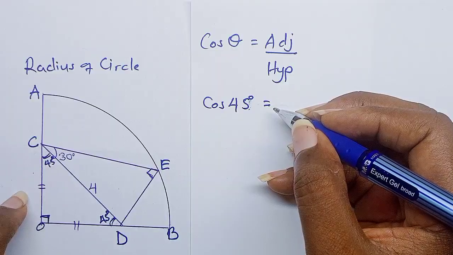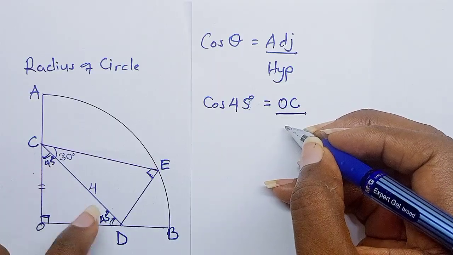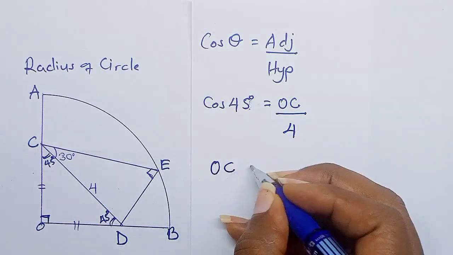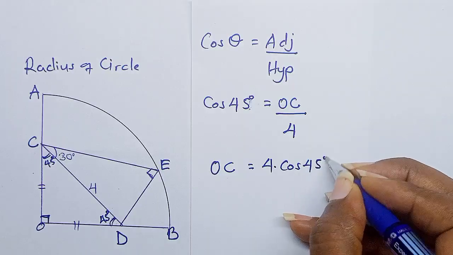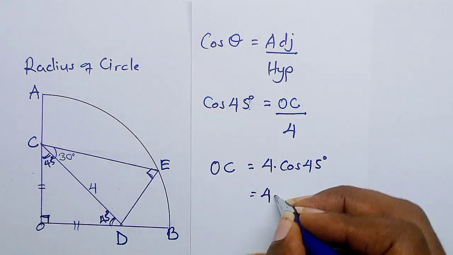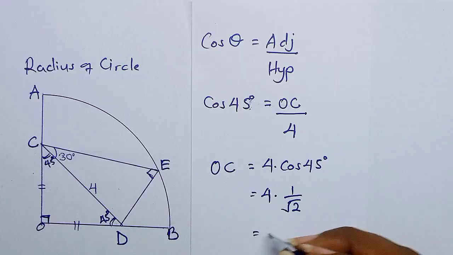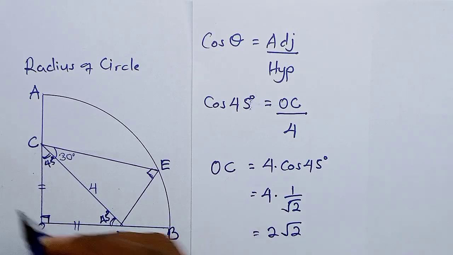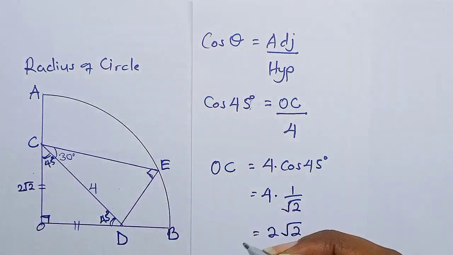So the adjacent is OC over the hypotenuse, which is 4. Therefore, OC is equal to 4 cos of 45 degrees, which is equal to 4 times 1 over root 2, which is equal to 2 root 2. Therefore, OC is 2 root 2.